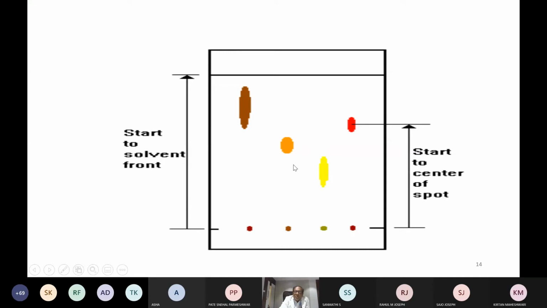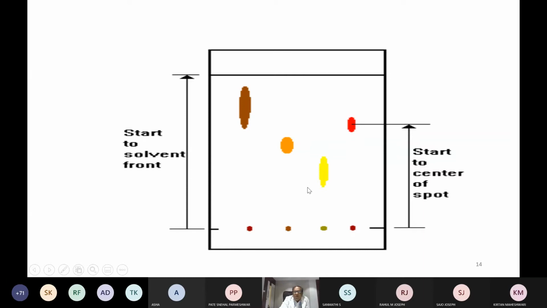Ninhydrin reacts with almost all types of proteins and gives colored products. This drying shows which type of particle is present.